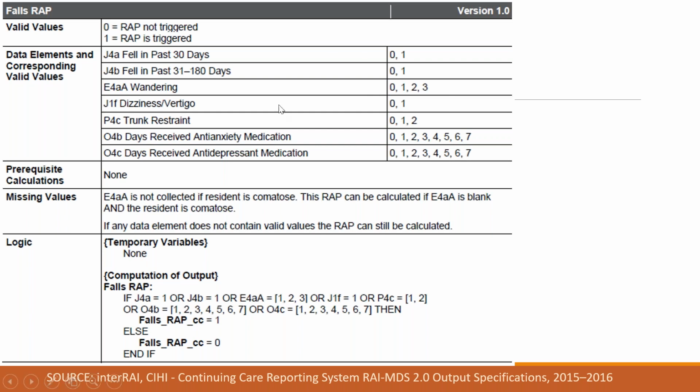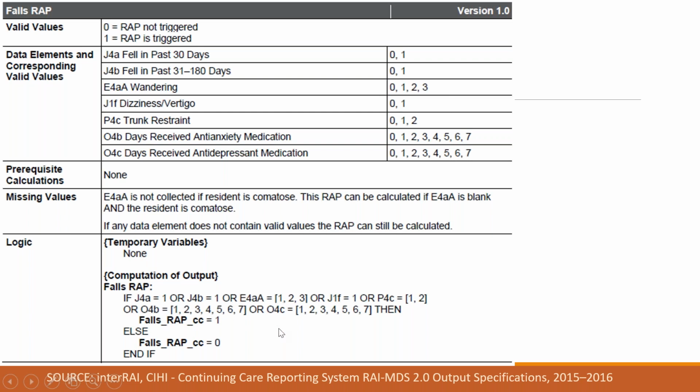So if you look at the calculation, it's rather straightforward. We're going to take all of the items we mentioned, and if there was a fall in 30 days, yes, you trigger, or 31 to 180 days, you're going to trigger, or wandering will trigger it, dizziness will trigger it, or trunk restraints will trigger it, or the medications will trigger it as well, whether it's 1 day to 7 days of the antipsychotics or the anti-anxiety medications.